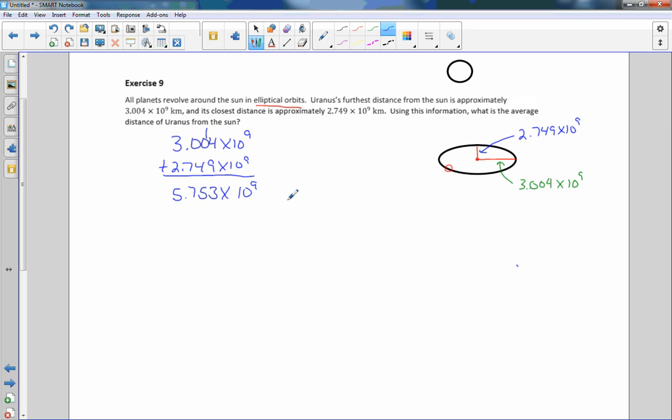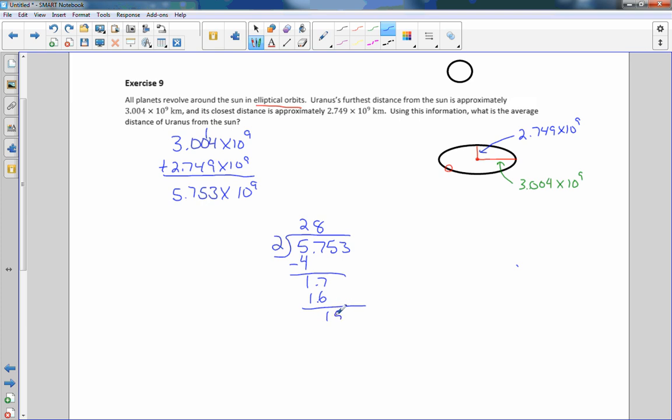We aren't done yet. We now have to take that and divide it by 2. So 2 and 5.753. I'm just going to divide that number, and I'm not going to divide the base 10 to the 9th power. That's not going to change with our division. 2 goes into 5 twice. 2 times 2 is 4, and so on. 1, bring down the 7. 8 times 2 is 16.